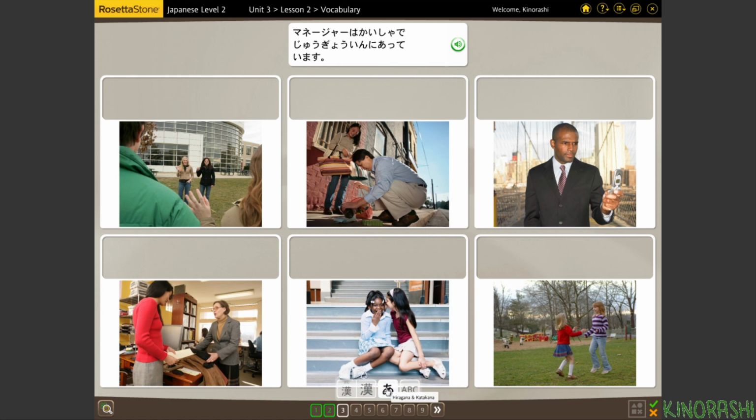マネージャーは会社で従業員に会っています。Let's look this up.